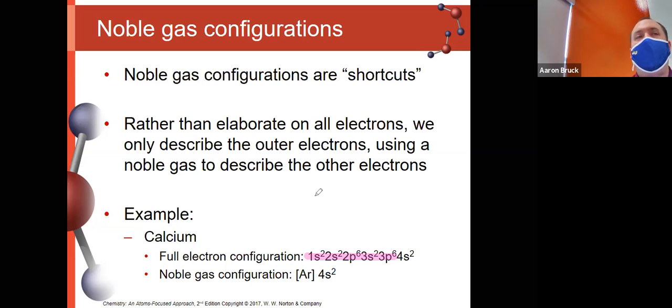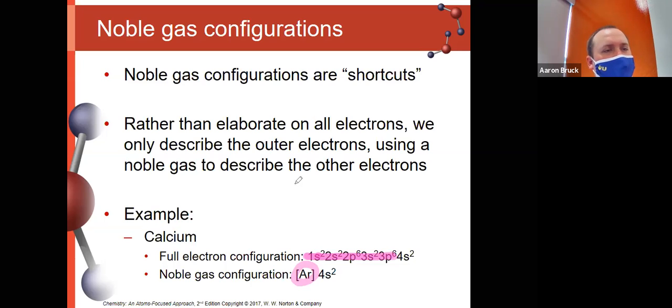Those 18 electrons are what we call core electrons. They don't react, they don't move, they don't do much of anything other than occupy the lower energy levels. It's all the stuff in the outer energy level that ultimately reacts and gets excited. So this part of the configuration gets rewritten as that noble gas, and all that we speak to after that noble gas is what is different.